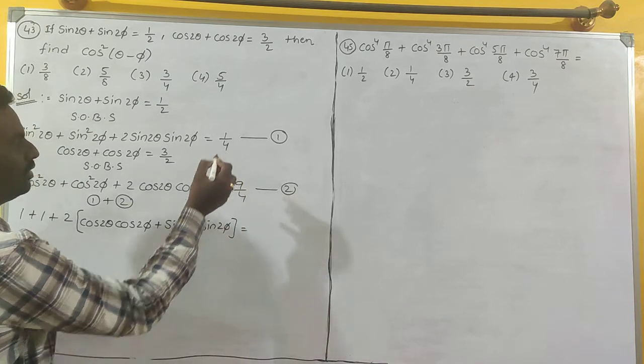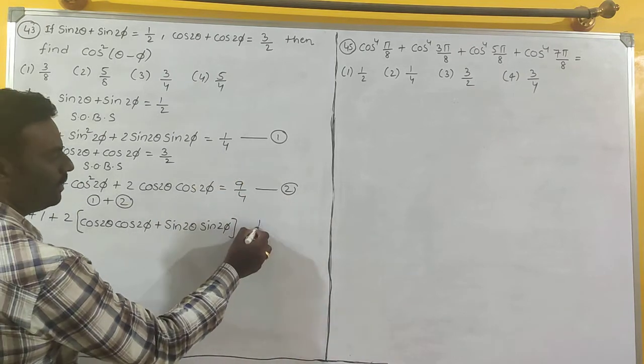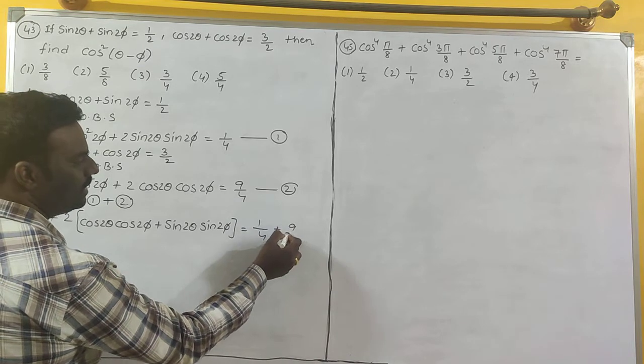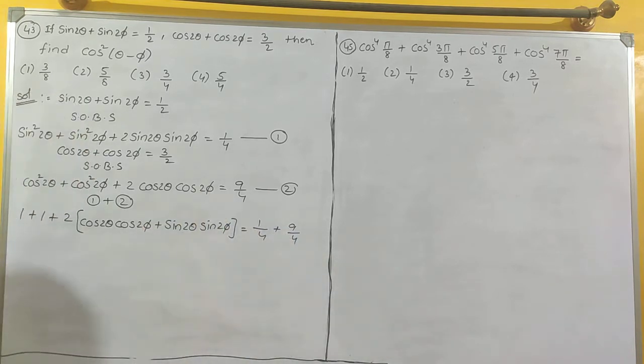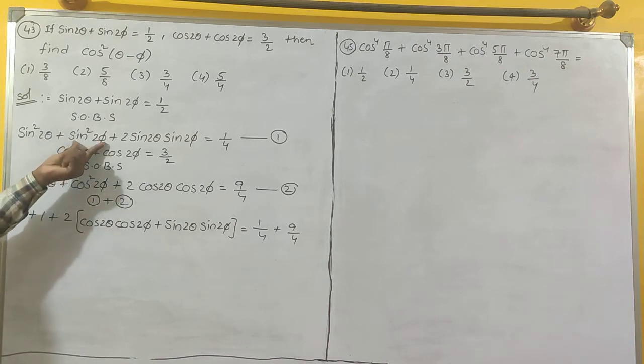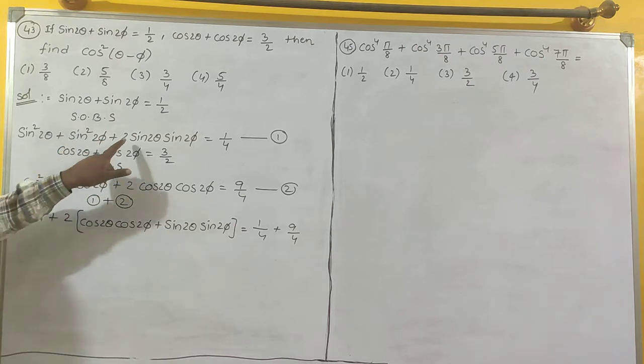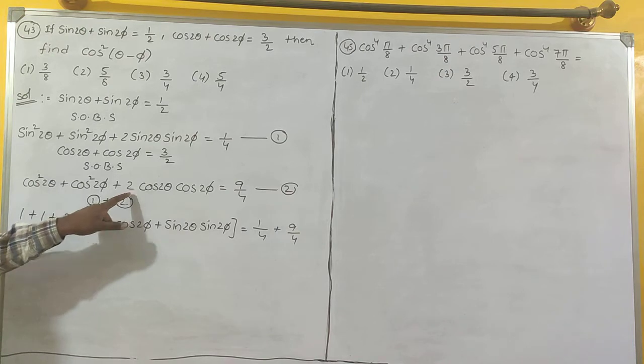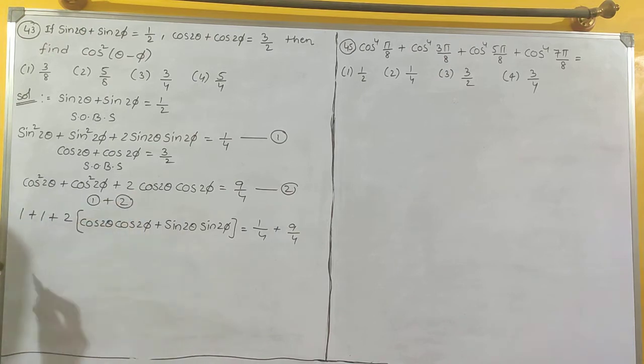Right side 1 by 4 plus 9 by 4. Once again listen, sin square 2 theta plus cos square 2 theta value 1, sin square 2 pi plus cos square 2 pi is 1. Here 2 is there, here 2 is there, that's why take 2 common.